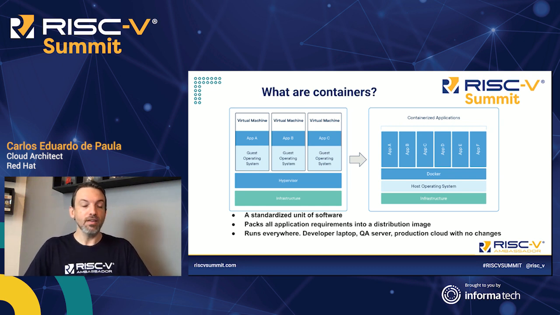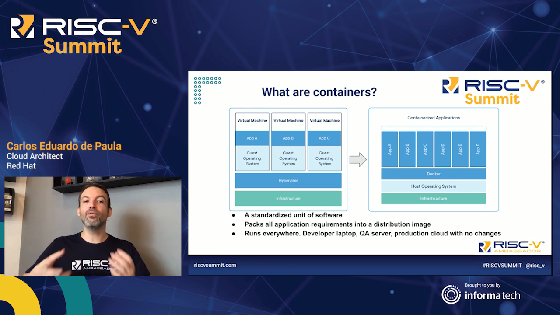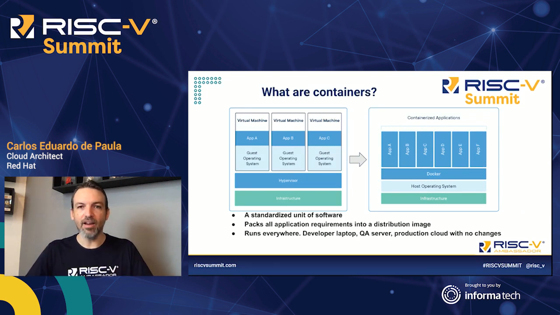So similar to a virtual machine, where you have the infrastructure, usually the server, you have a hypervisor, and you have your operating system with your application on top of it. On containers, you have a similar architecture, but it's more isolated. Your application doesn't require the full operating system and the full stack that a virtual machine needs. This lowers the resource usage on the side of the server.